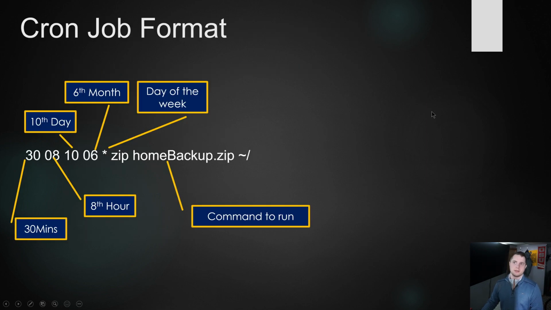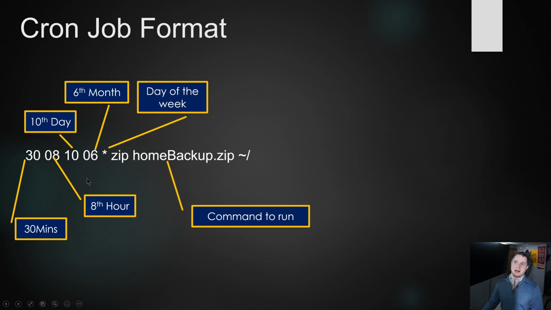Cron job format. So again, this is one of those things where you don't necessarily want to memorize it, just because it's going to be a list of numbers and then a command or two. So this is going to be much closer to, hey, I know of a good resource that I have, let's go ahead and use that. So here's an example. 30 minutes. Here's your 30.